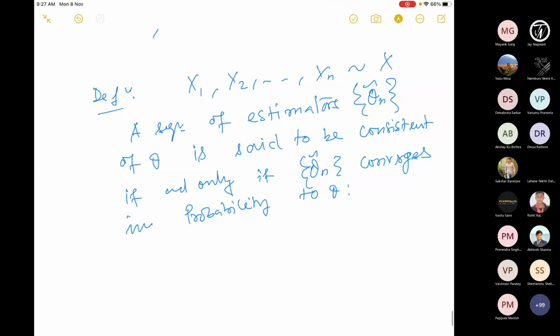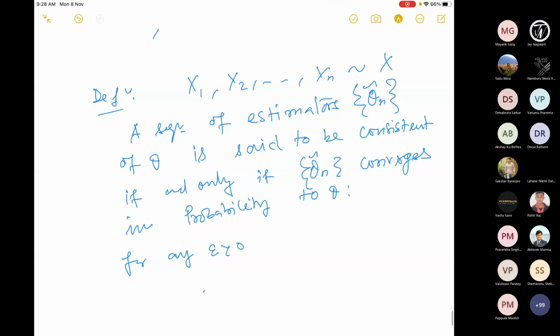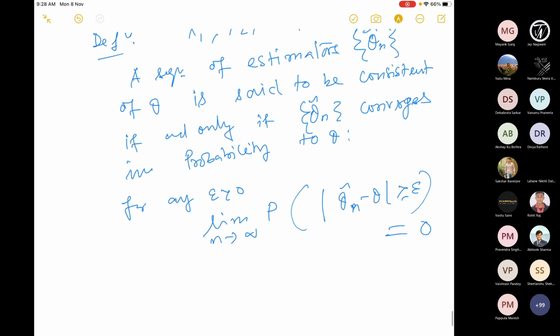What was the definition? For any epsilon, the limit as n goes to infinity of the probability that |theta hat n minus theta| is bigger than or equal to epsilon is equal to 0. Sometimes we denote it as theta hat n converges in probability to theta.